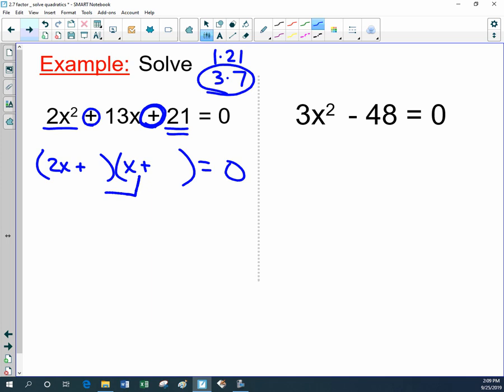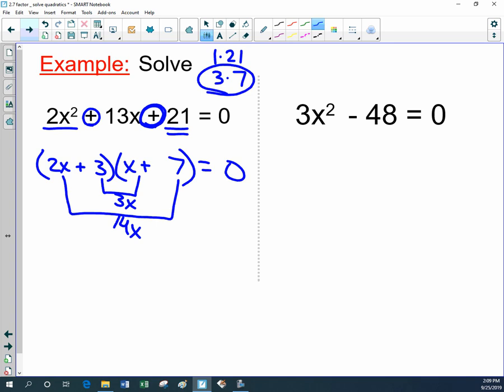So if we do a little bit of mental math here, if I plug 3 in the middle and 7 here, when I test, I would get 3x in the middle and 14x on the outside. Okay, 3x and 14x gives me 17x, so that's not correct.